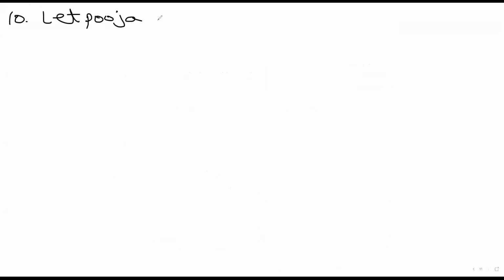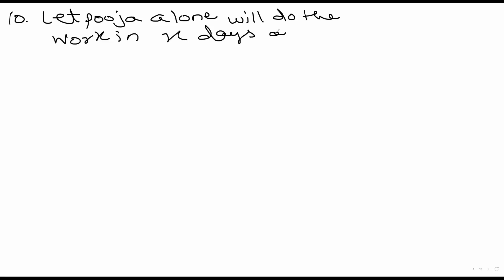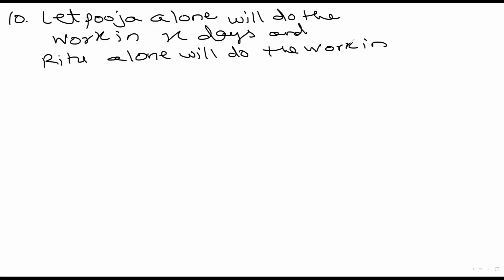Write down: let Pooja alone will do the work in x days and Ritu alone will do the work in y days.